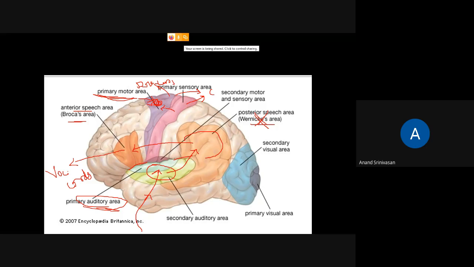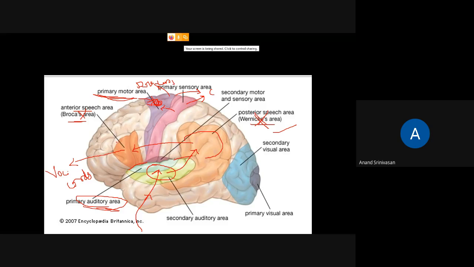So that's if the Wernicke's area is damaged. Now what happens if the Broca's area is damaged? The Wernicke's area is functioning and the Broca's area is damaged. So here you ask a question, the person is able to understand, but he is unable to speak.